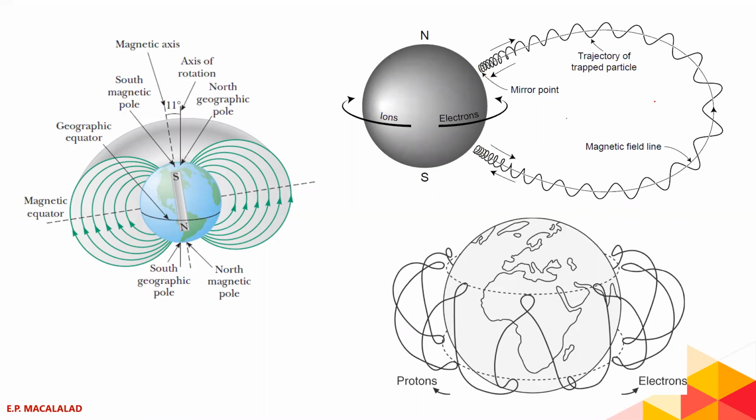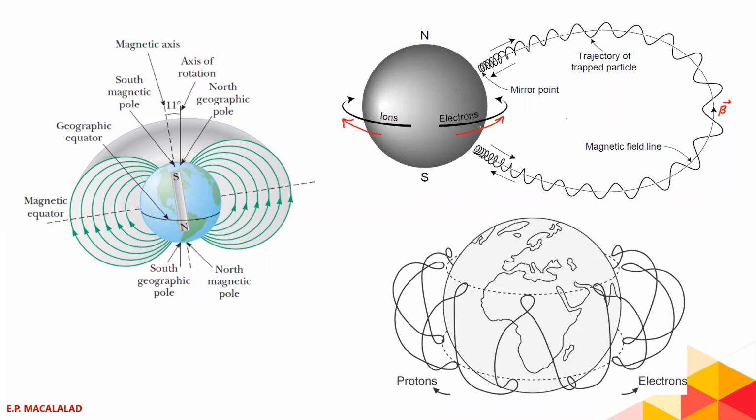And because the direction of the magnetic field is in this direction, ions will drift in this direction, and the electrons will move in the opposite direction. So the ions will move westward, the electron will move eastward. So this is what we call your eastward electric drift.